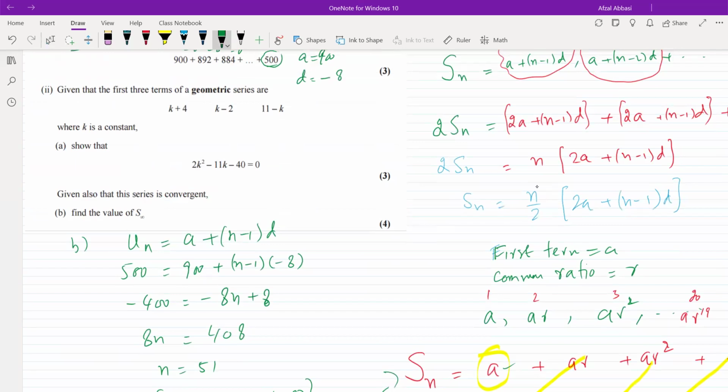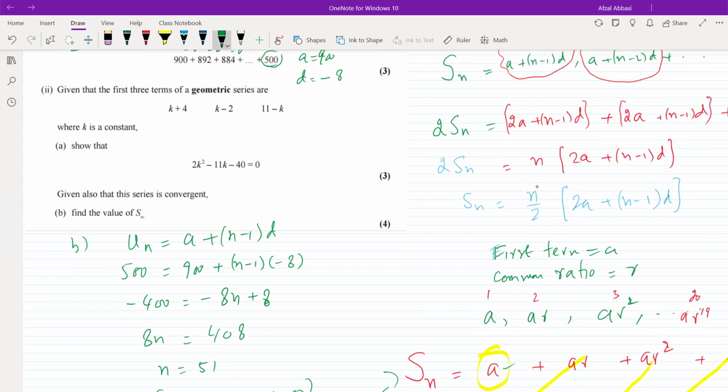So this is a very common thing. Sometimes you are given three consecutive terms for an arithmetic series, and sometimes for a geometric one. If it is geometric, the common ratio between the first two terms should be equated with the common ratio of the last two terms. The same goes for an arithmetic series. If it was arithmetic, the difference between the first two terms must be equal to the difference between the third and second term.